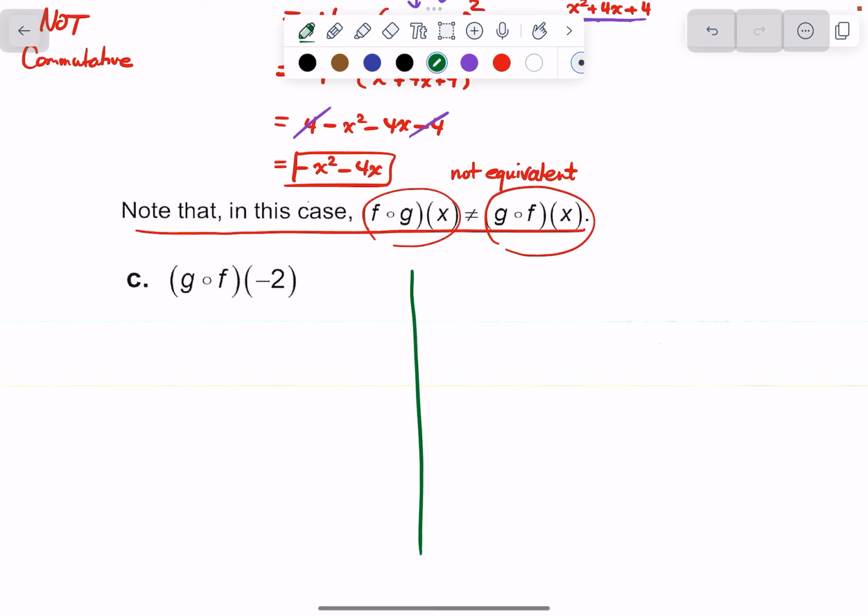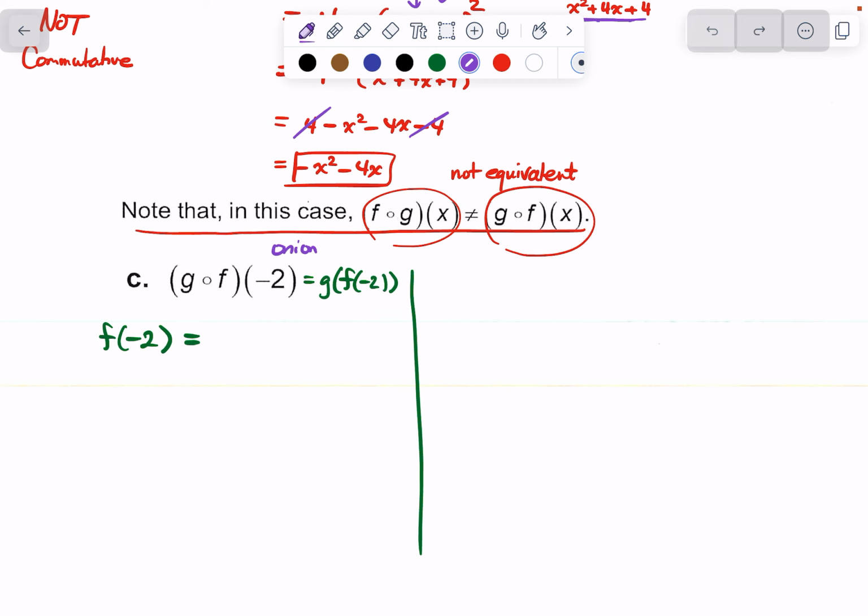One way is that you could calculate f of negative 2 just as it is, because remember, this is g of f of negative 2. So this is like the onion approach. You start with the inner layer, you calculate this, and then you plug that number into the g function.